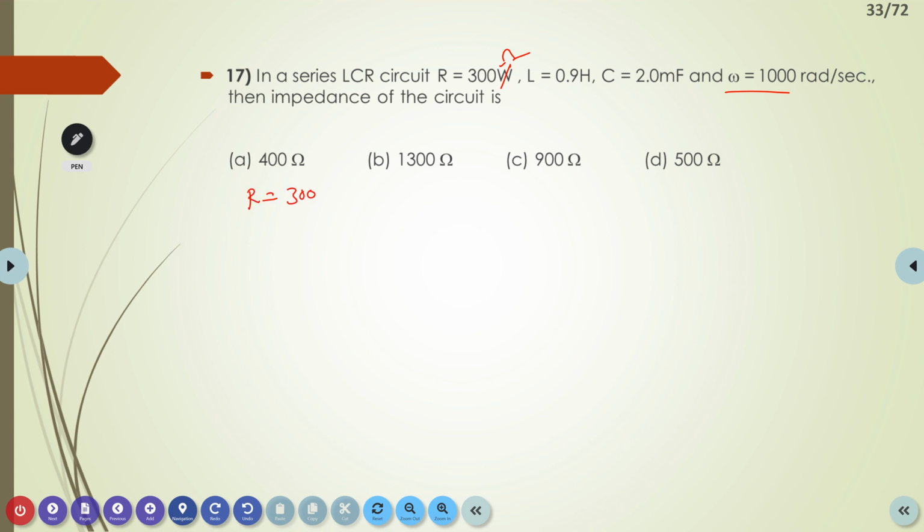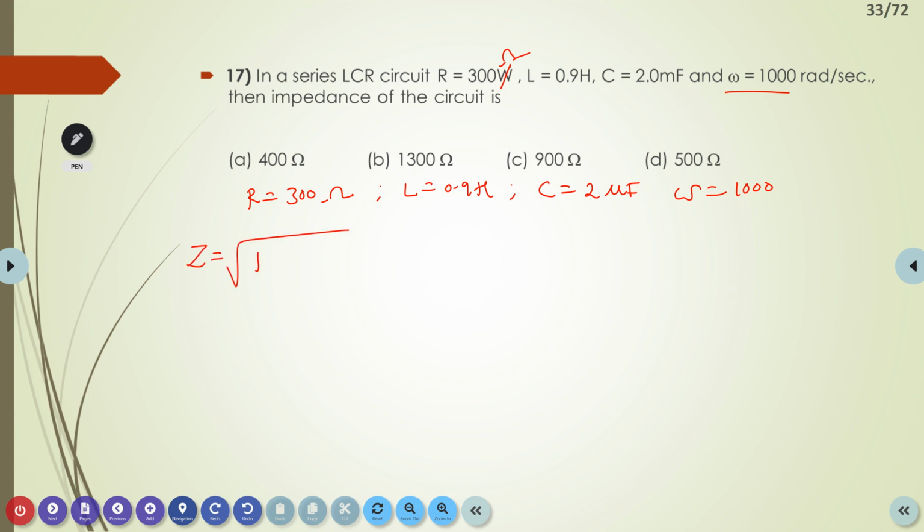R equals 300 ohm. Then L equals 0.9 Henry. C equals 2 microfarad. Then omega equals 1000 is given. What is to be calculated? Impedance. What is the formula for the impedance?